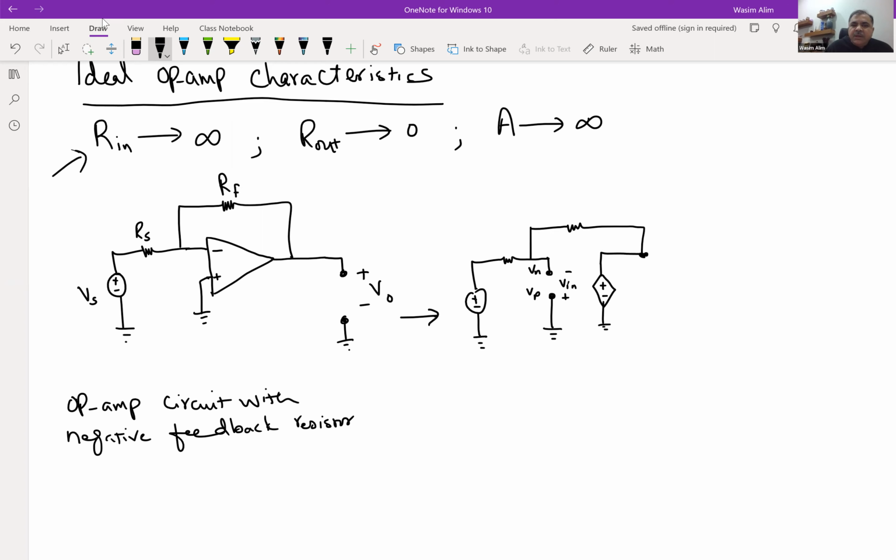And I want the output resistor to be as small as possible, so it's a short circuit essentially. And then you have your dependent source, here I can just simply represent it by AVN. This is my V sub S.